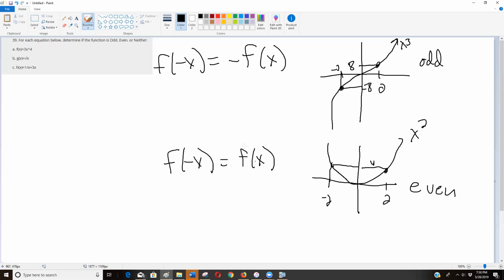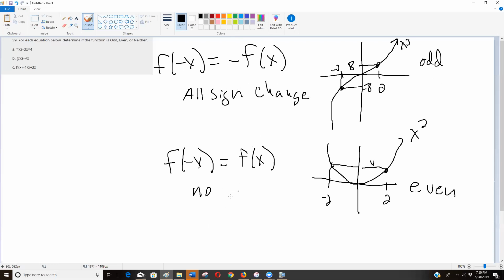And then if it's neither, neither of these things are true. So basically, let's backpedal. If all the signs change in a function when I drop in negative x, that tells me it's an odd function.